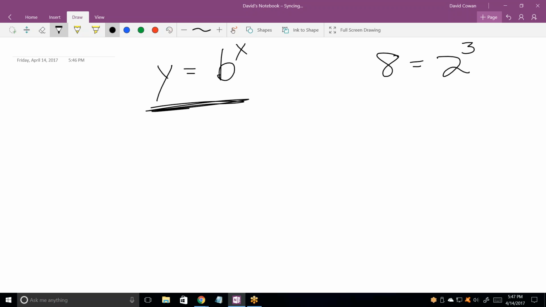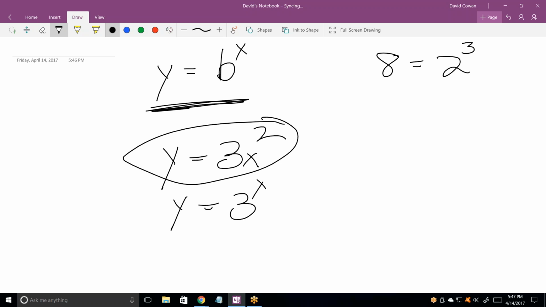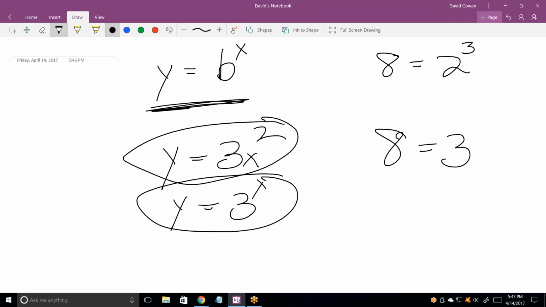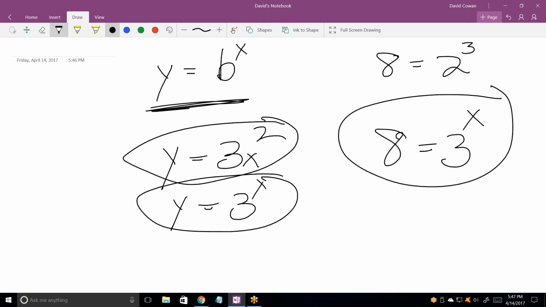In other words, there's a huge difference between 3x squared and 3 to the x power. That's algebraic. This is exponential. You with me? Exponential expressions cannot be solved by algebra. If I told you that 8 equals 3 to some exponent, I have no way of solving that.